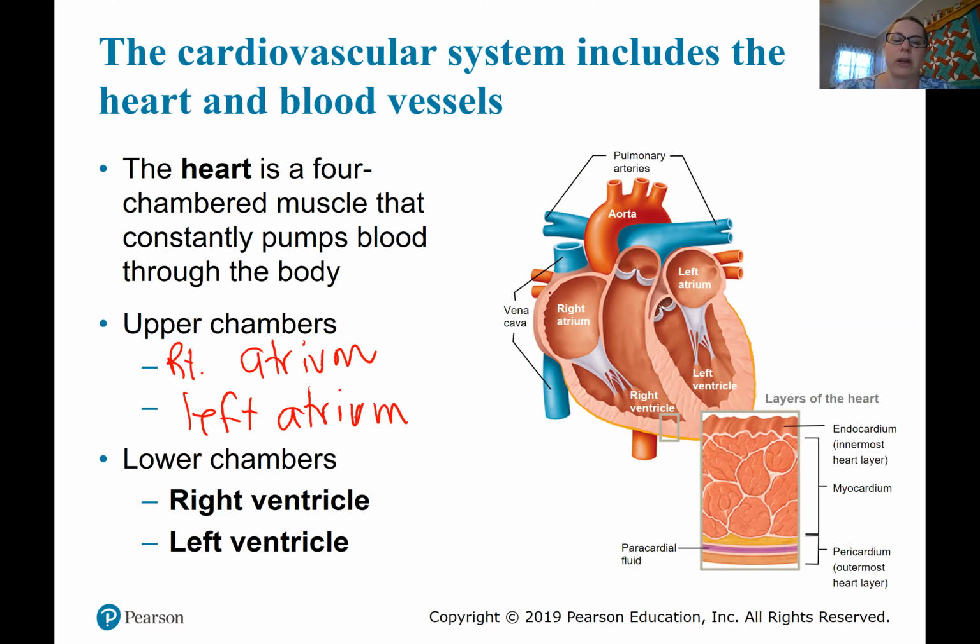And so the atria receive blood, the ventricles pump blood out either to the body or to the lungs in the case of the right ventricle. And then the heart is made up of several layers. There's the inner lining called the endocardium. The muscle is called the myocardium, and then there's the pericardium on the outside.